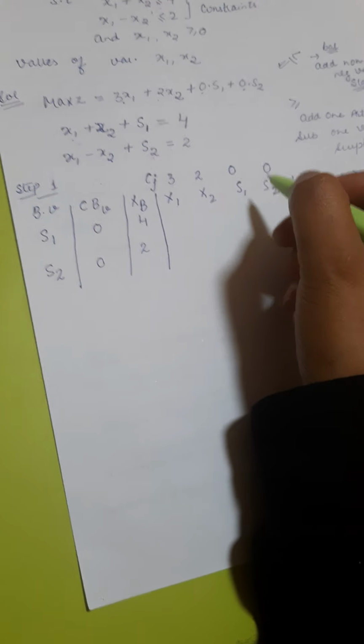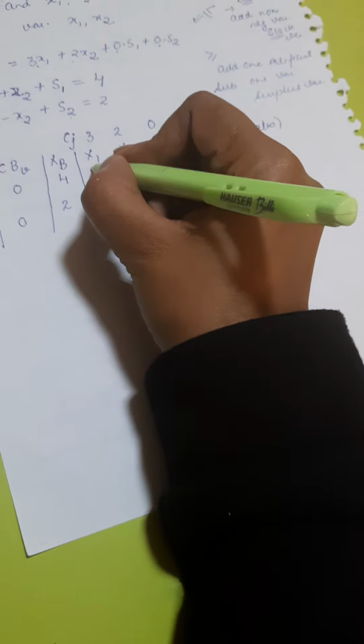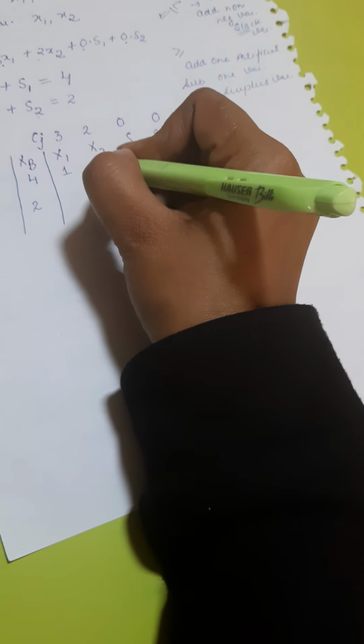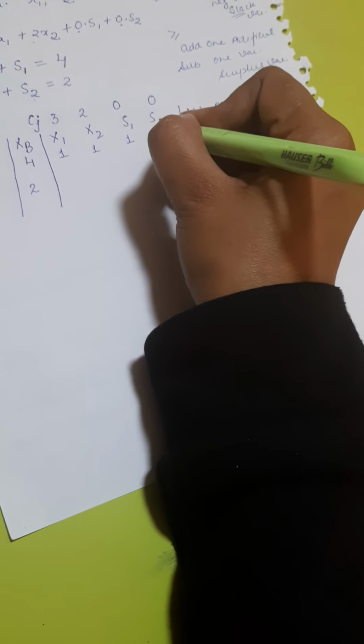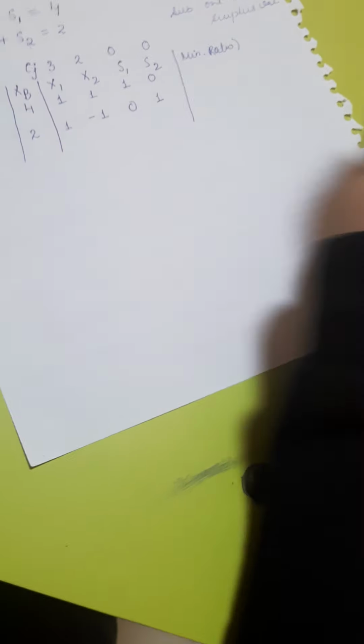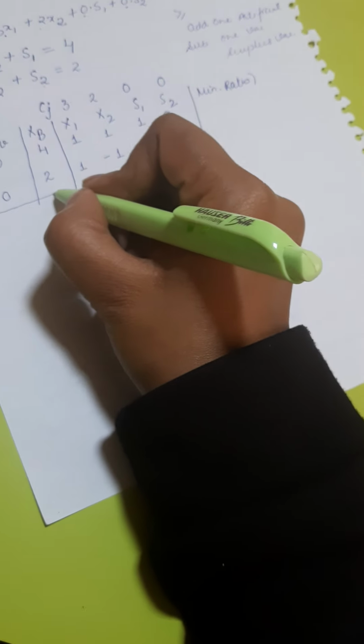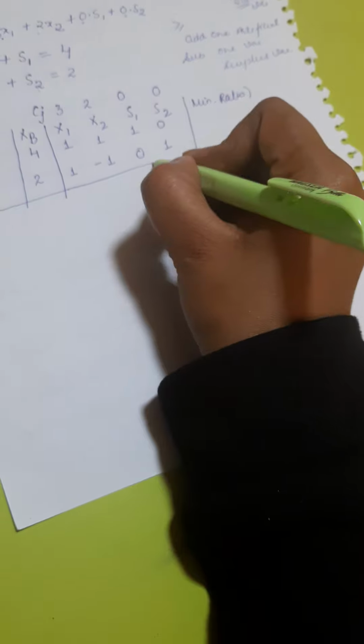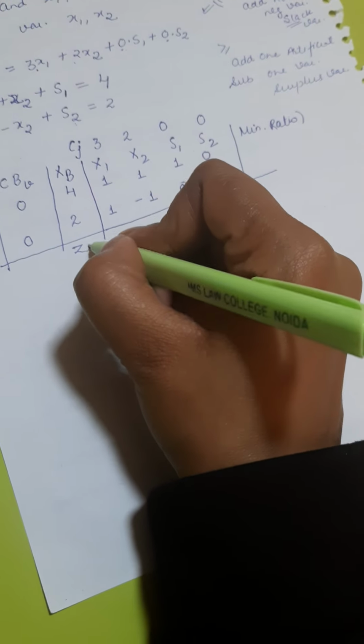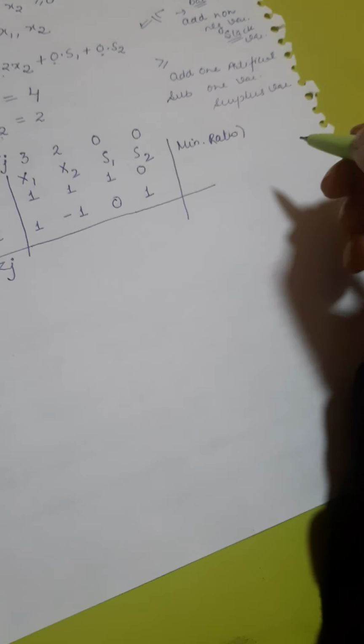For x1, x2, s1 and s2: in the first row, x1 is 1, x2 is 1, s1 is 1, s2 is 0. In the second row, x1 is 1, x2 is minus 1, s1 is 0 and s2 is 1. Fine, so this is the table. You have to fill all the values in the table. Now the next is to find Zj.